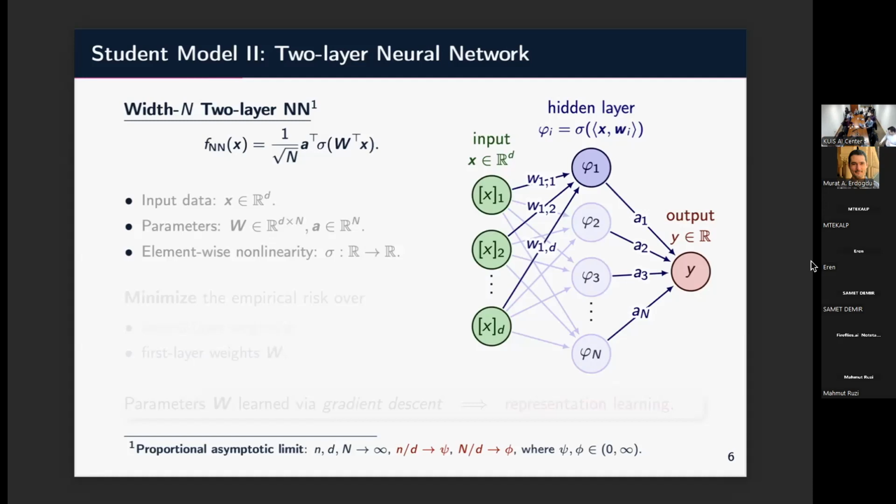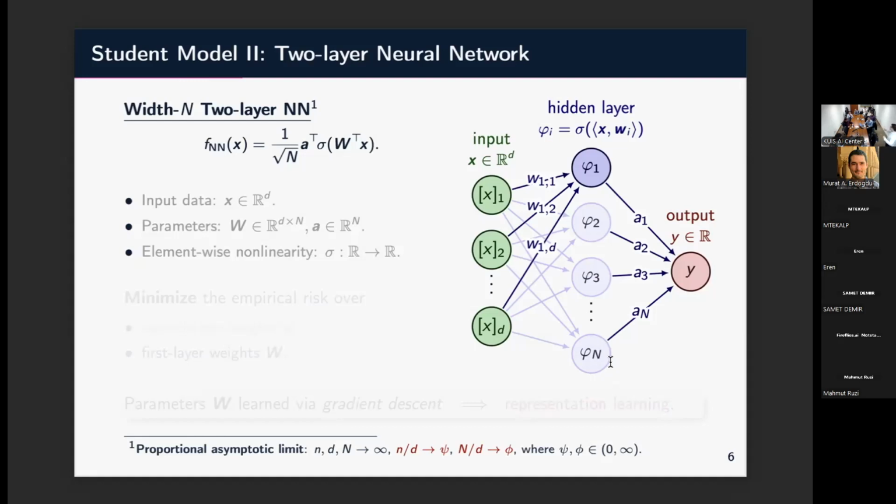If you look at this display equation, you can think of the output of the first layer as my feature map, right? It takes the input and generates these features. Then if you minimize square error loss, you're training a ridge regression on top if you're minimizing over the second layer. So if you're training the first layer, W, you're training the feature map.